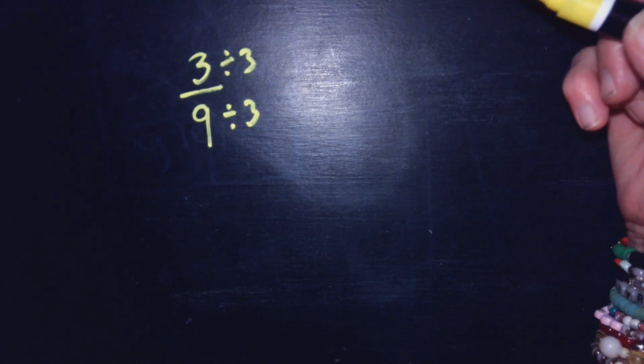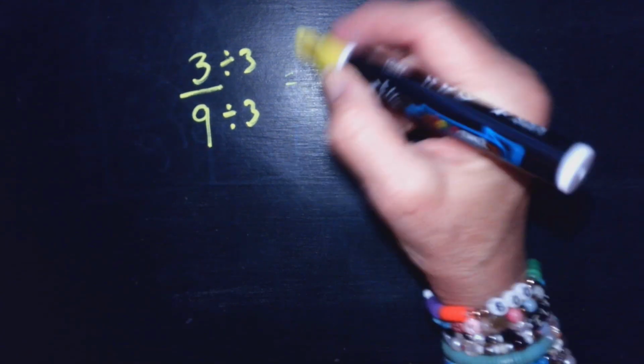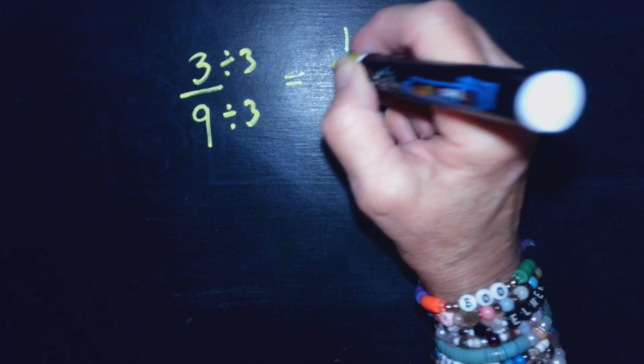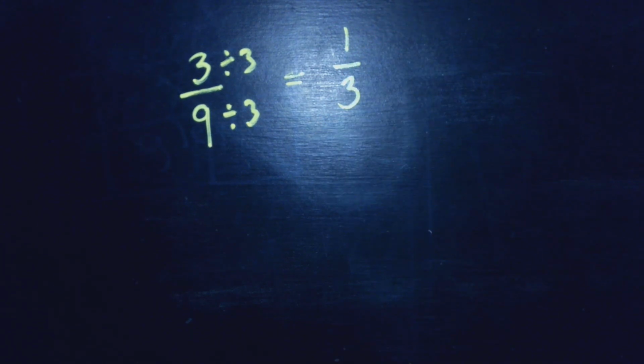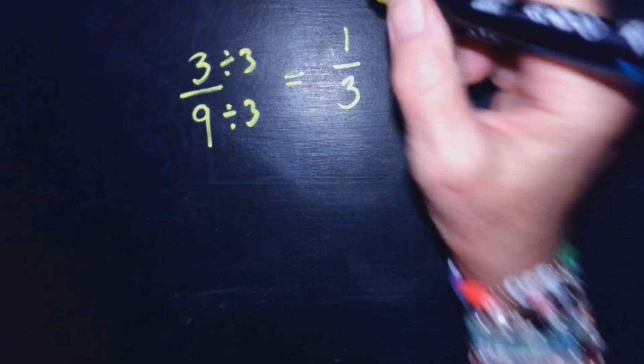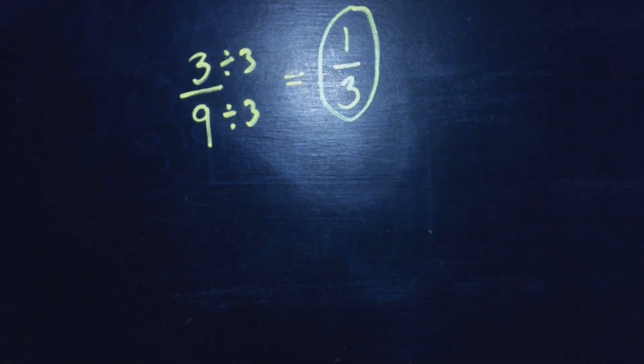So you can divide your numerator and the denominator by the same number, and when you do, you simplify it, and you get 1/3. 1/3 is what we call the simplified version of 3/9. In other words, they equal the same thing.